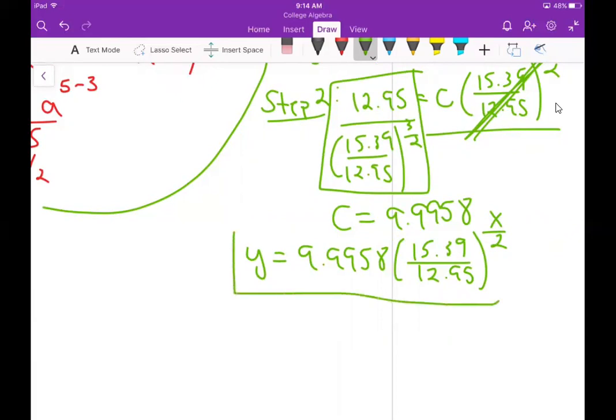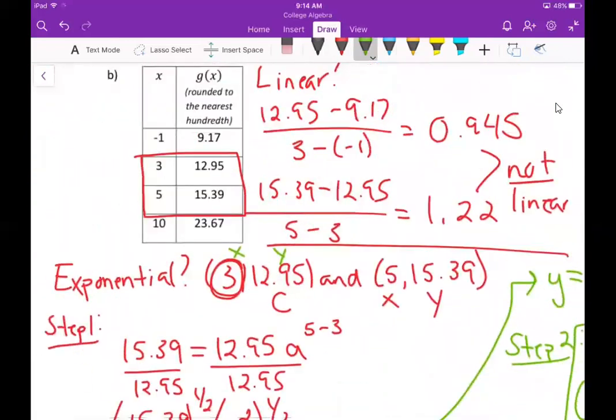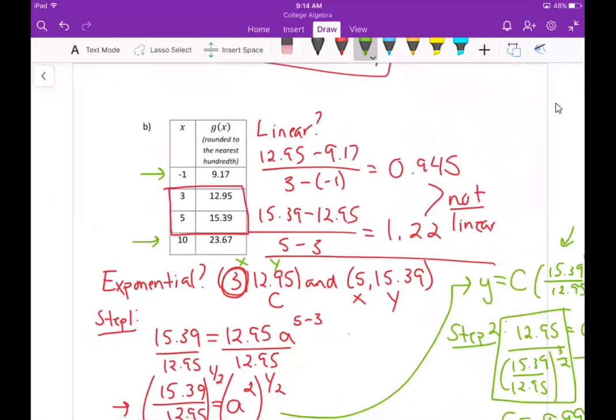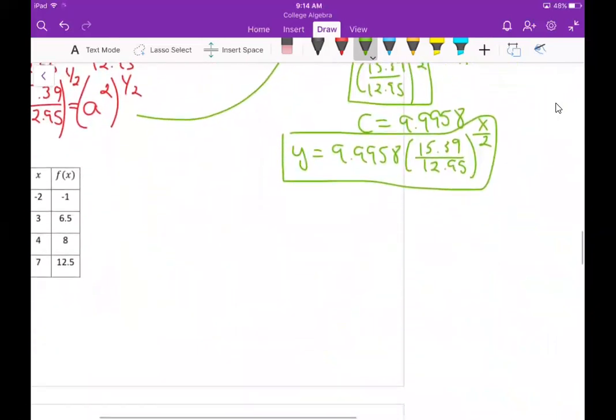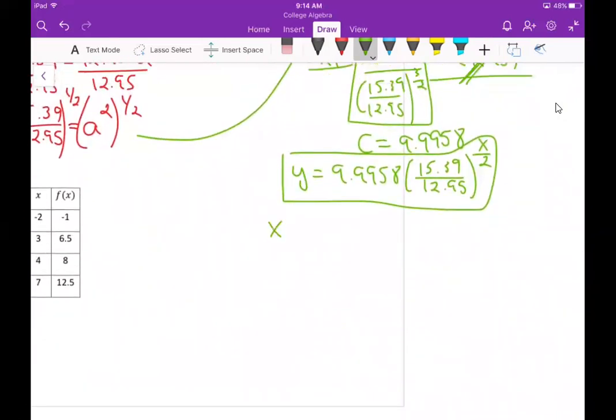So remember, this was the function. Let's go back to our table. This was the function between these 2 points. So now we need to test x equals -1 and x equals 10 and see if we get the same answers there. Okay, so x equals -1, plug it into your function. What do you get out for an output?